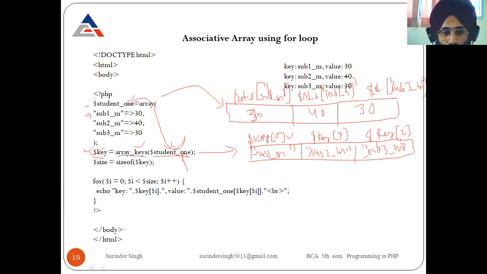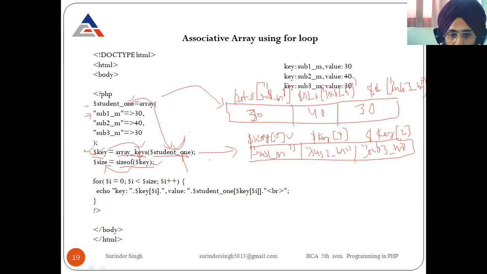Now if we want to use the array in a for loop, the first thing is we have to get the length of the array. Clear? Here we are passing key to sizeof, and we are getting the size of the array. You can also use the count function here and pass this.